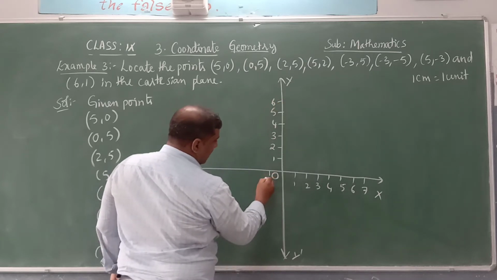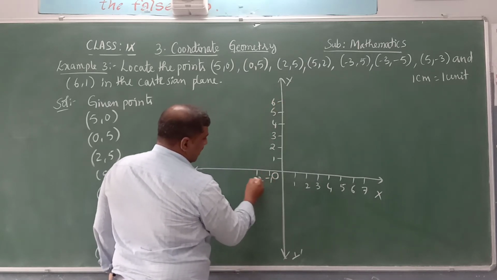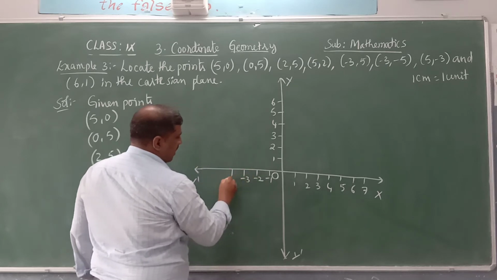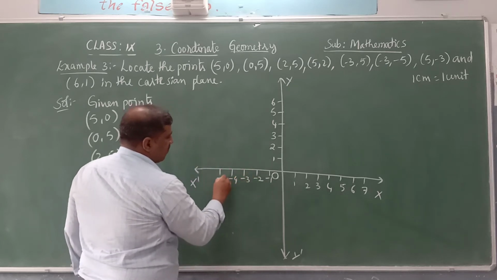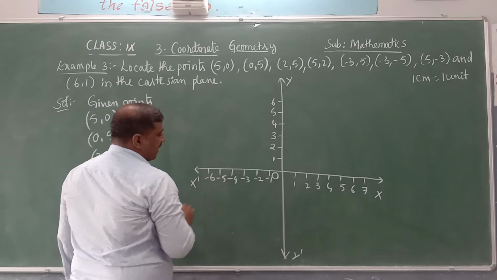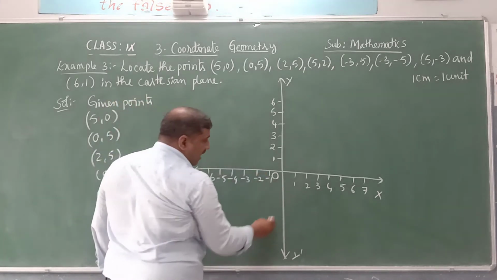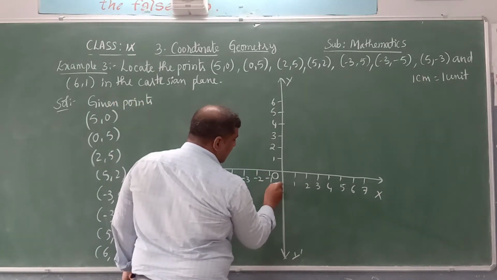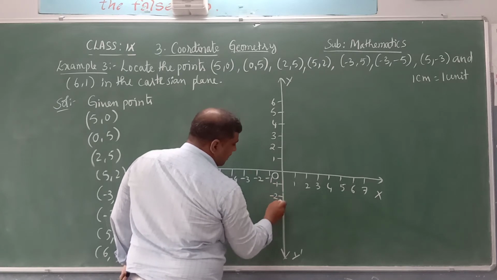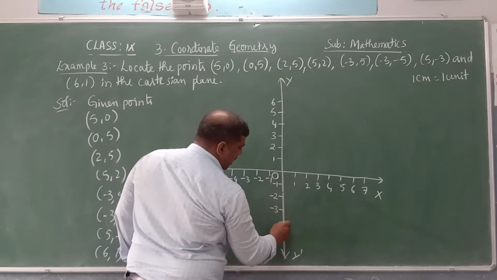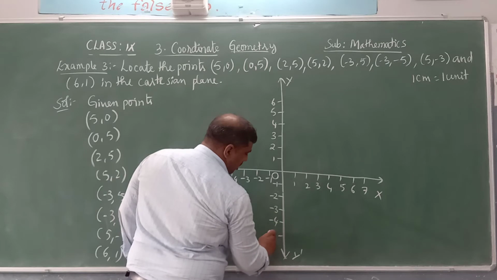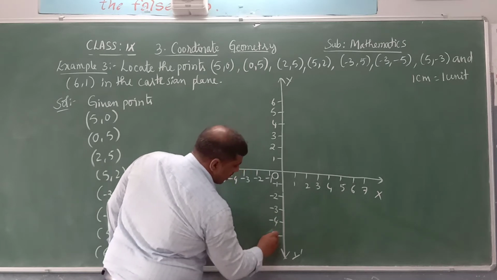This side we write negative values -1, -2, -3, -4, -5, and -6. On the y-axis, the other side, we write -1, -2, -3, -4, and -5. Yes.